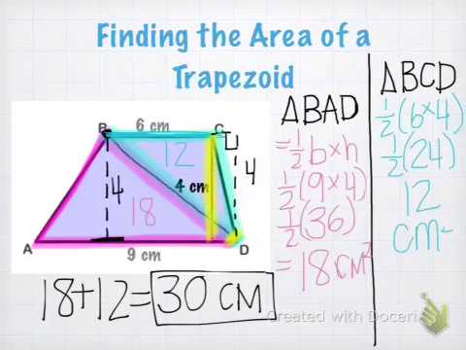But what I want you to notice, I want to go back to some of the work we were doing as we were finding the areas of each triangle. We did 1/2 of the base, half of 9, and half of 6. But then they both had the same height.